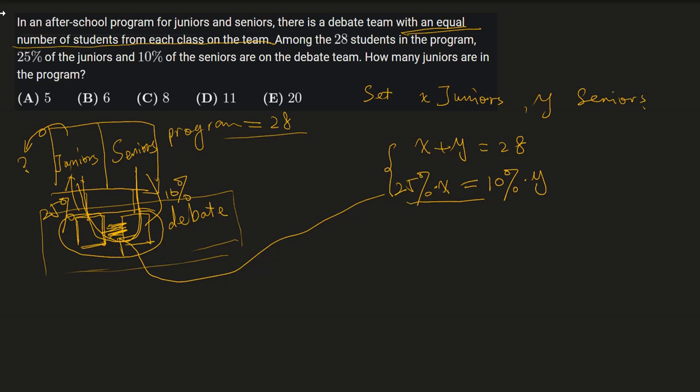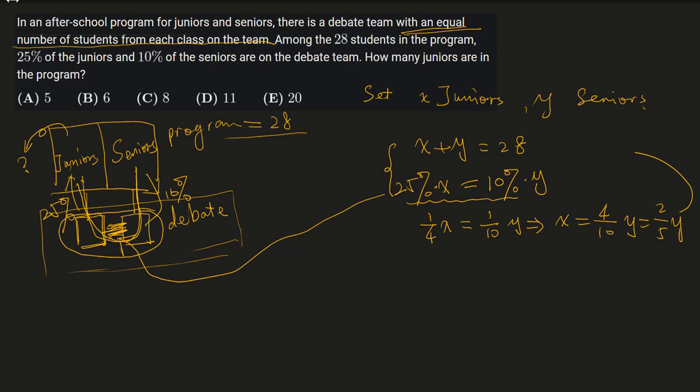So from the second equation, let's change these percentages to fractions. So that's 1/4 of X equals 1/10 of Y. And if we multiply 4 on both sides of this equation, so that's X equals 4/10 of Y. And of course, that's 2/5 of Y, right?